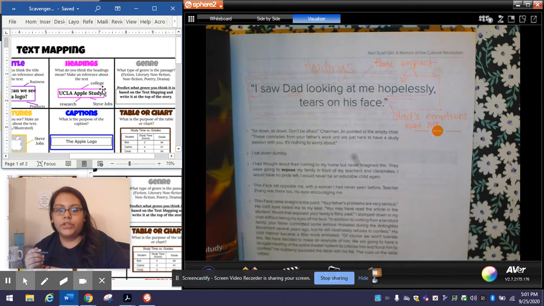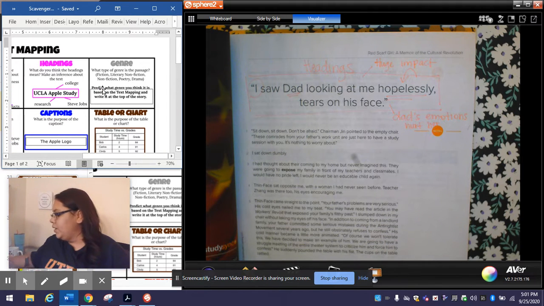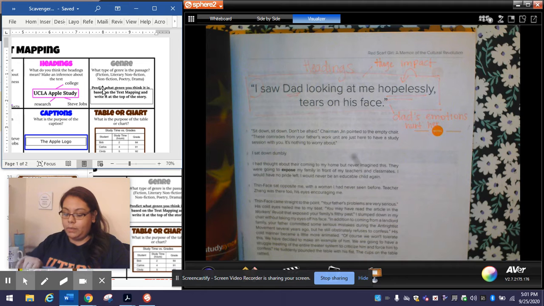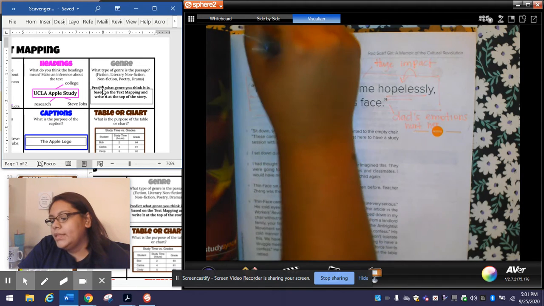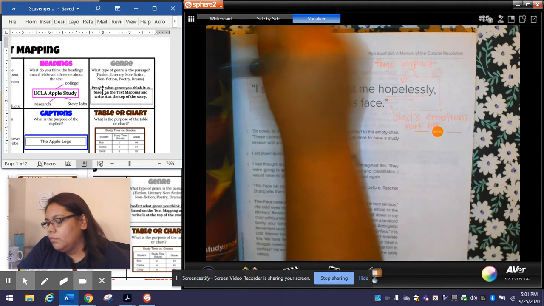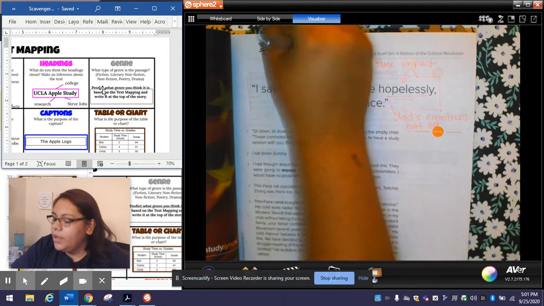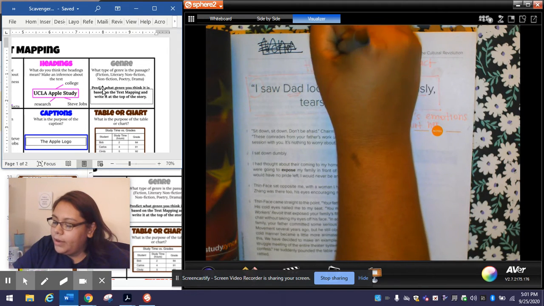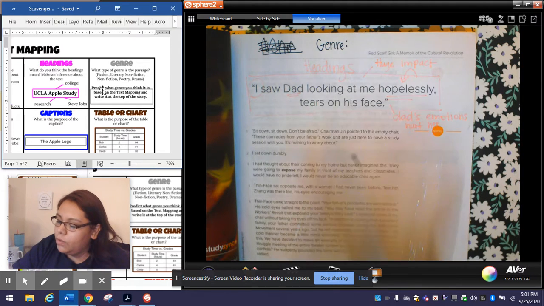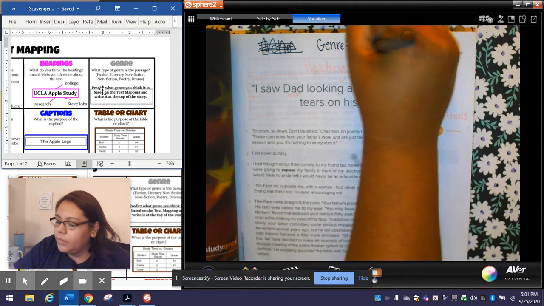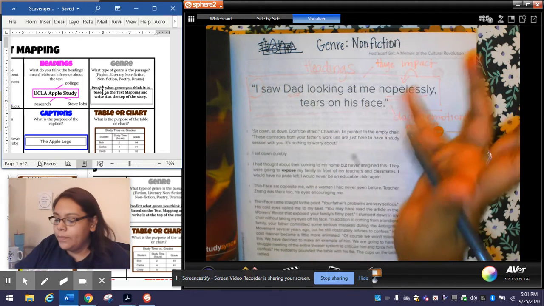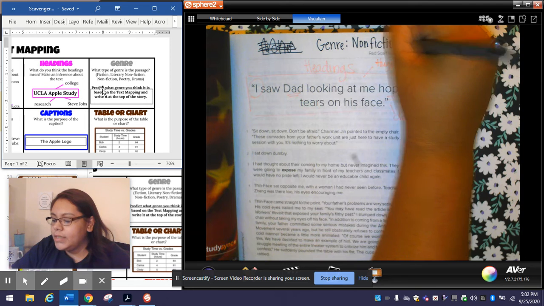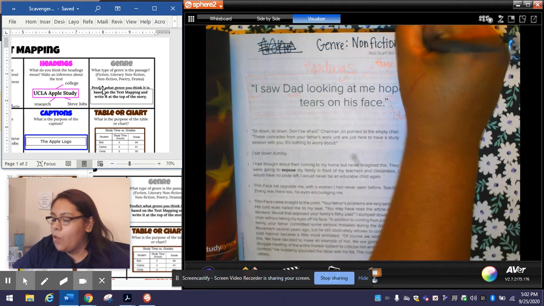And that leads me over to genre. What is the type of story that we are reading this week? Let's make an inference. We haven't read the story. I'm going to write the word genre up here again, type of story. We know that this story is nonfiction, which means it's not fake, it's a true story. And we know that the subgenre is a memoir.